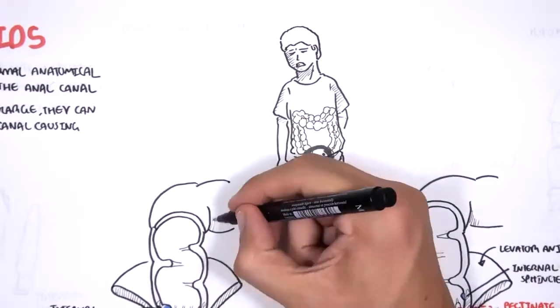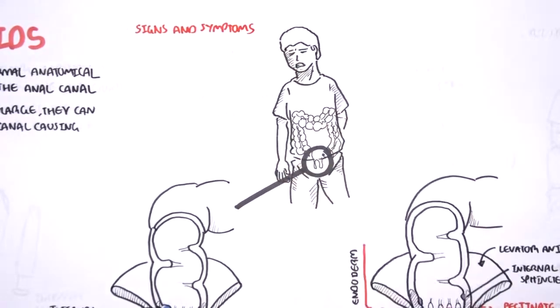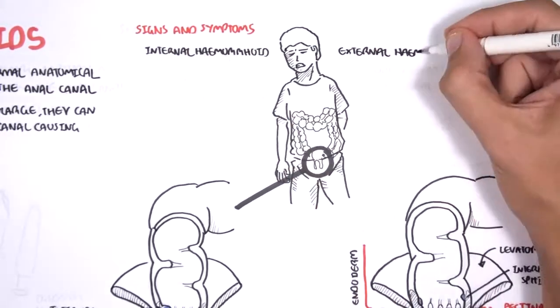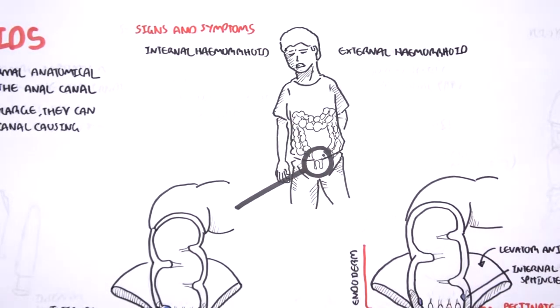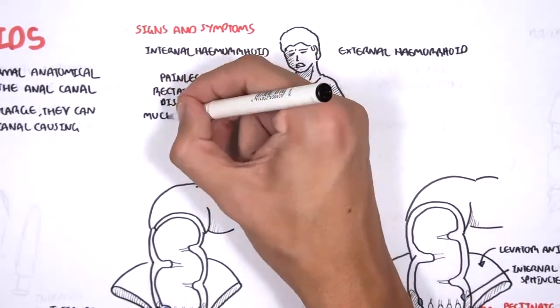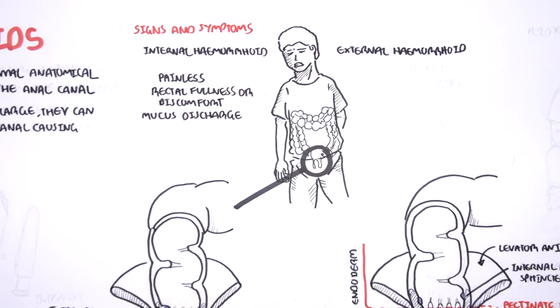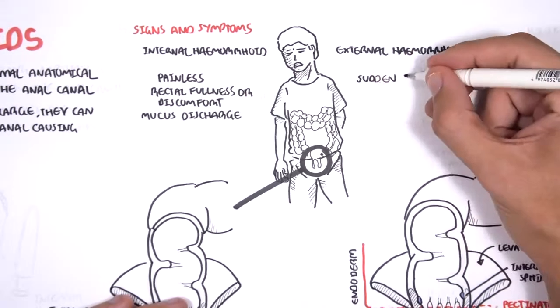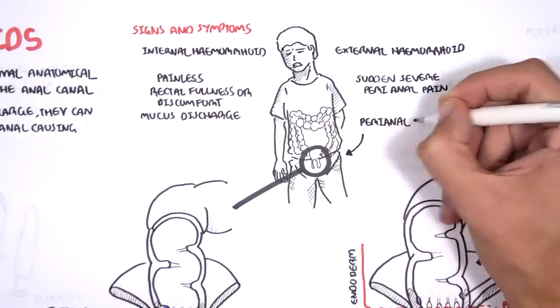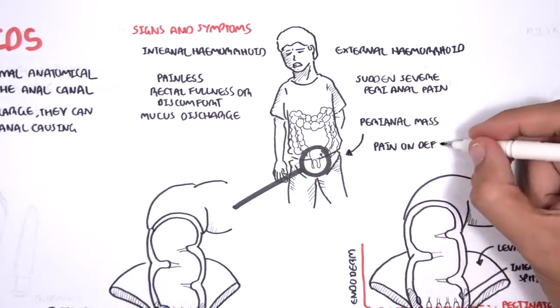The signs and symptoms of hemorrhoids differ a bit depending if it's an external hemorrhoid or if it's an internal hemorrhoid. An internal hemorrhoid can often be painless, but there can be a feeling of rectal fullness or discomfort and mucus discharge. External hemorrhoids are quite painful. They can cause sudden severe perianal pain, and a perianal mass might be felt.